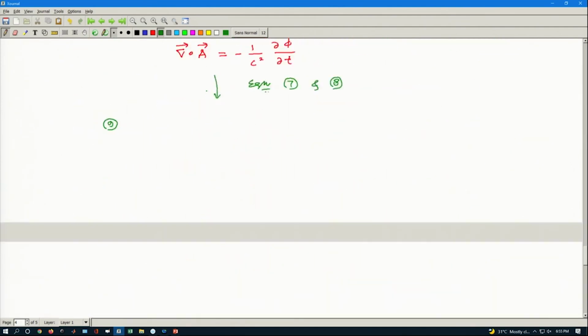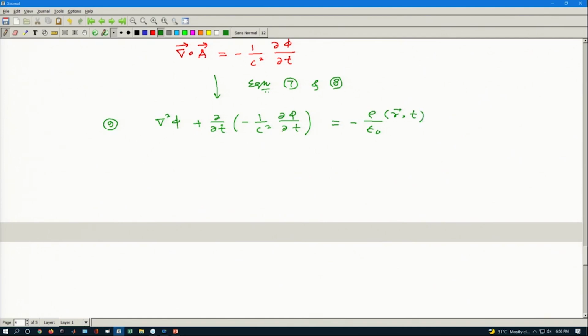Divergence of phi, then we have plus del t, we have divergence of A. In place of divergence of A, I should write minus 1 by c square d phi dt, that I wrote simply. The rest of the term is simply minus rho by epsilon naught, function of r and t.